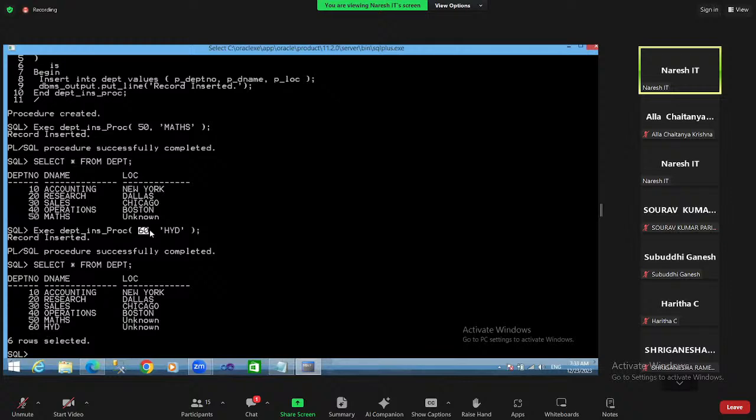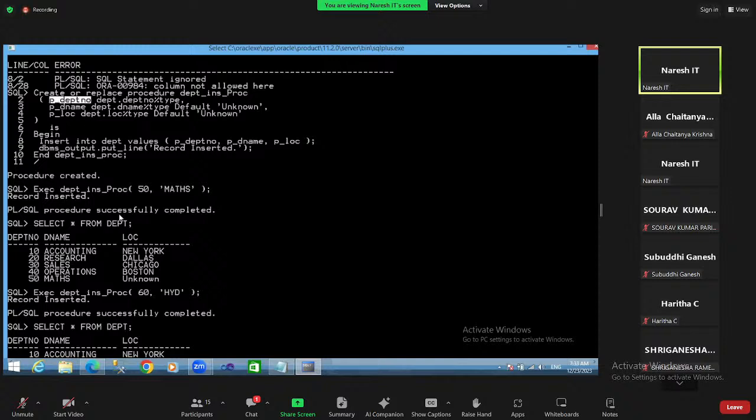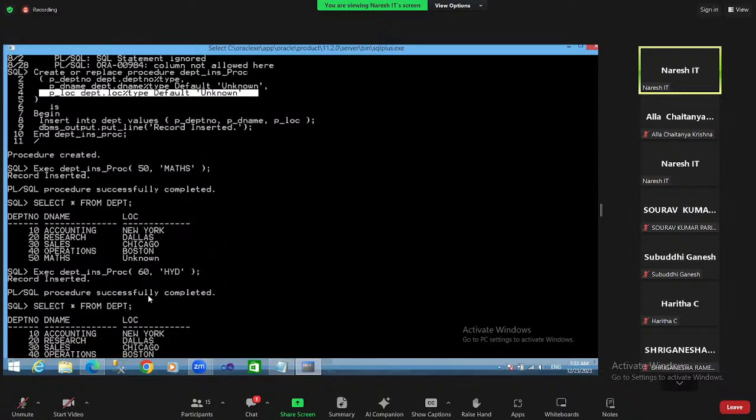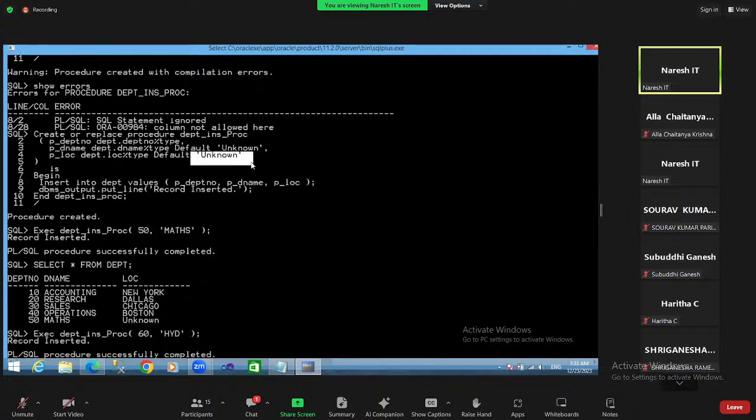Here I am passing 60, which is passed into DEPTNO. Next, Hyderabad is passed into the second position, DNAME. Location is not passed, then unknown. By default, procedures execute based on positions only. The third position is null, so unknown is taken.